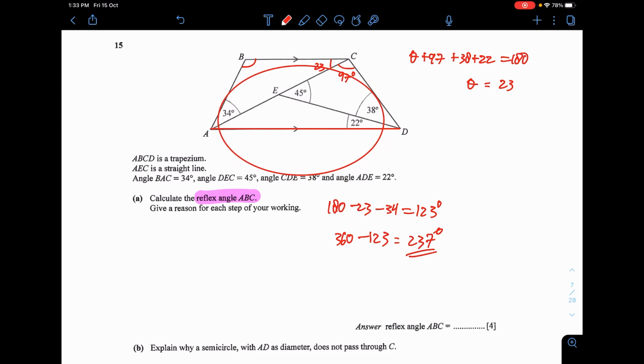If AD is the diameter and C is actually on the perimeter of the circle, the angle ACD is supposed to be 90 degree by the formula of angle in the semicircle. But this is 97. So simply said, C is not exactly on the circle if AD is the diameter.